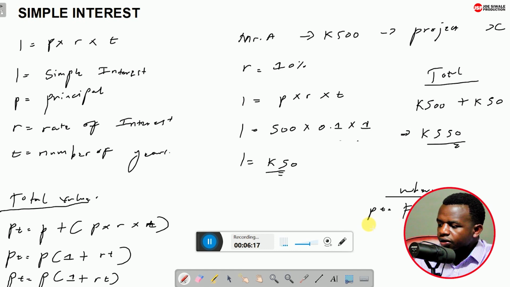Then our P, we know that's the principal. Then we also know that our R is the rate of interest. Then our T is the number of years.